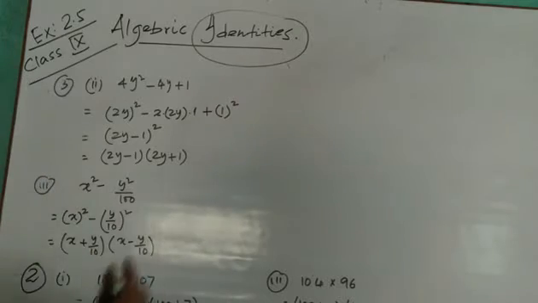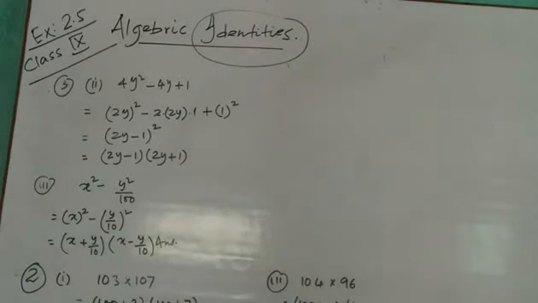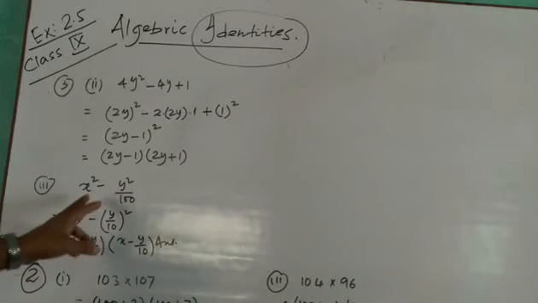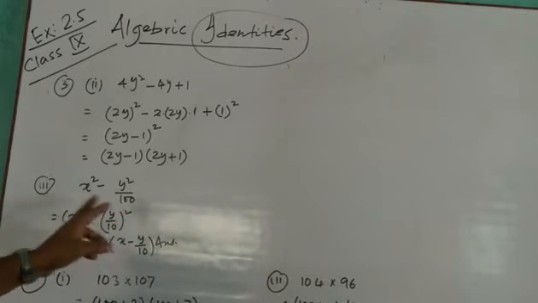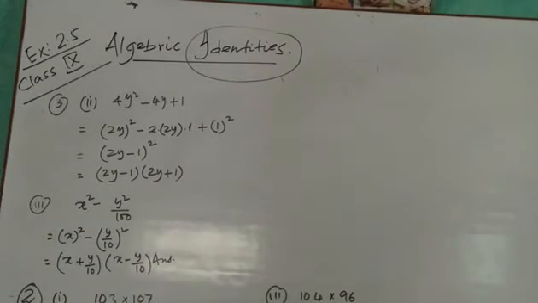And that's all, students. That is the final answer of question number 3 of question number 3. We have written x whole square, y by 10 whole square. This is a, this is b. Then a plus b into a minus b will be the required answer.